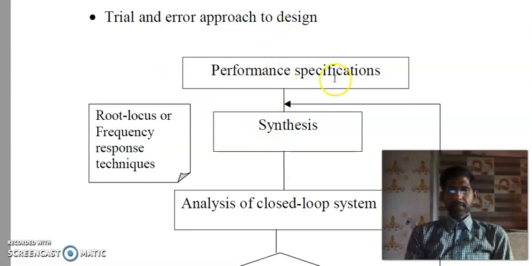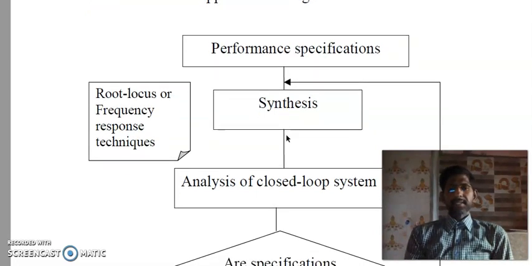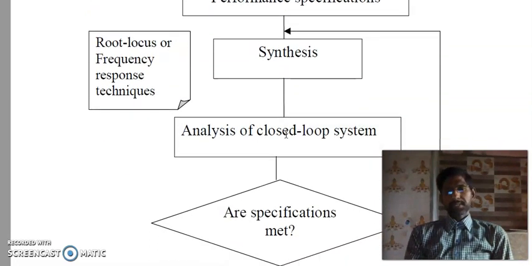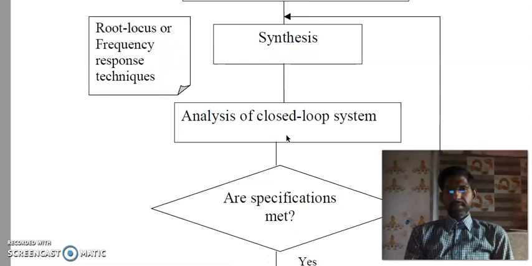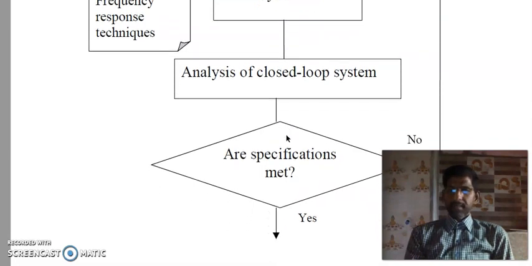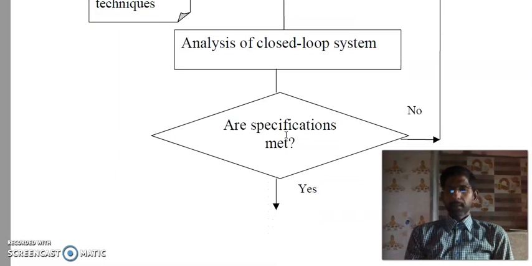Once you fix the performance specifications, we need to synthesize that either by using root locus or frequency response techniques, that is Bode plot, Nyquist plot, polar plot, etc. Then analysis of the closed loop system. If the specifications are met, no problem.